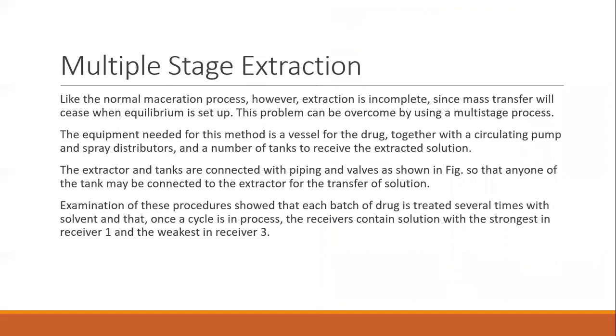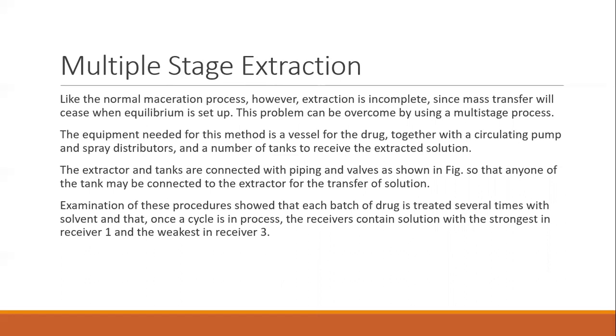If the equilibrium is achieved in one or two extractions, when you are spraying your solvent and that solvent is in the equilibrium state, then of course your component will not get extracted, because your solvent is at the equilibrium state with the menstruum or the plant material. So to overcome that problem, there is a method known as the multi-stage process.